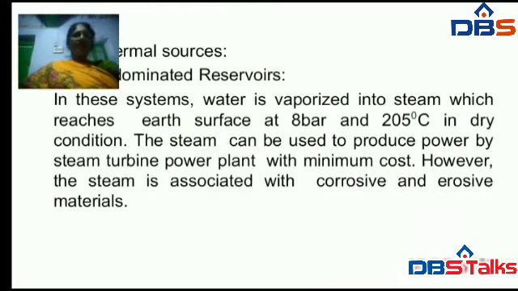So the main thing in this geothermal, we discuss what the different applications are and where it will be used. Basically, I tell that generation of electricity is the main application of the geothermal.